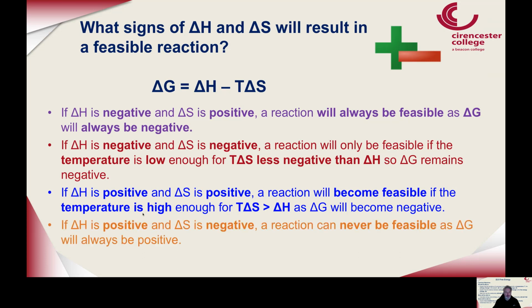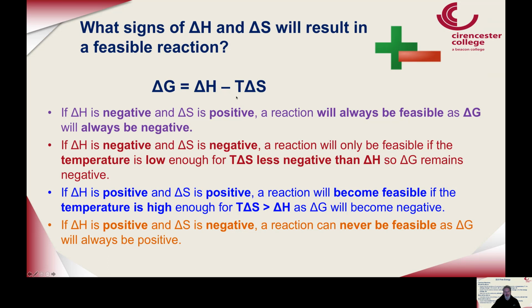And finally, a reaction will never be feasible if delta H is positive and delta S is negative. It's never going to be feasible if this is positive and this is negative, because negative times negative makes this positive. You've got a positive plus a positive.